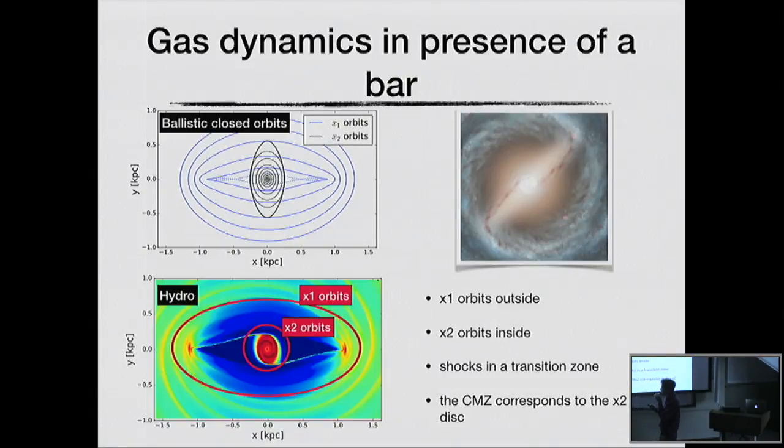The major and fundamental difference between ballistic closed orbits and the gas is in this intermediate region where the orbits are self-intersecting, and the gas therefore forms strong shocks which connect the tip of the bar to the central X2 disk. And in our Milky Way, the central molecular zone is associated with one of these X2 disks.